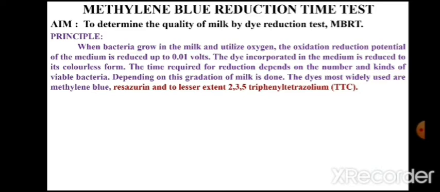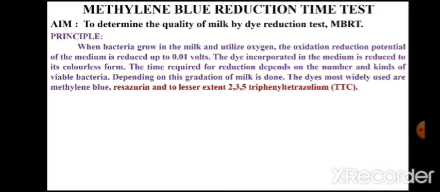So this is the test. What we test here is the reduction of a substance, and in this test, that substance is methylene blue. This means that we are using methylene blue as an indicator to check the presence of reducing potential, and reducing potential is directly proportional to the microbial load.